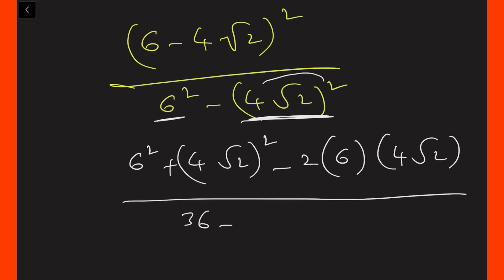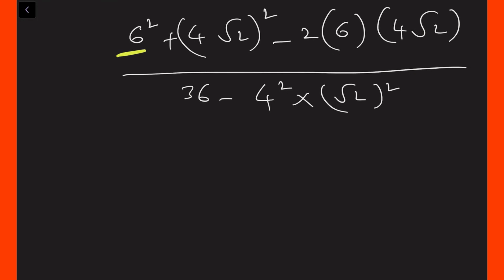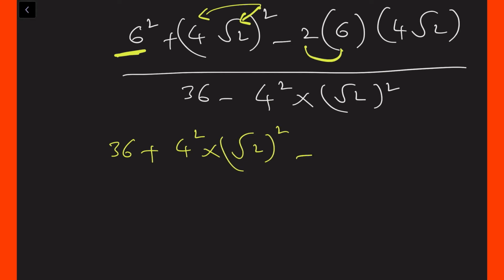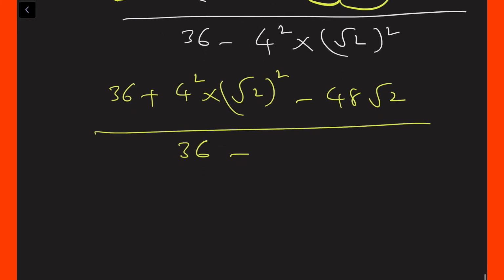This square is applicable for the first number as well as the second number: 4 square into root 2 square. Now 6 square, 36, plus 4 square into root 2 square, minus 2 6s are 12, 12 4s are 48 root 2, whole divided by 36 minus 4 square, 16, into root 2 square. Square and square root cancel, so it remains 2.